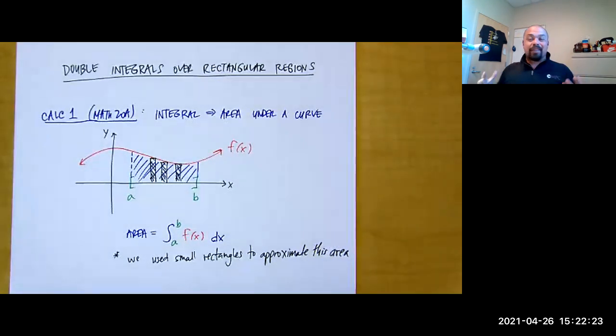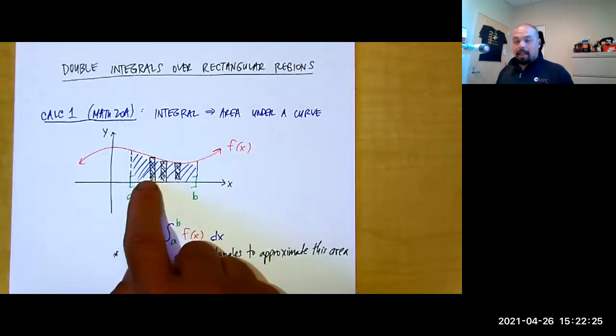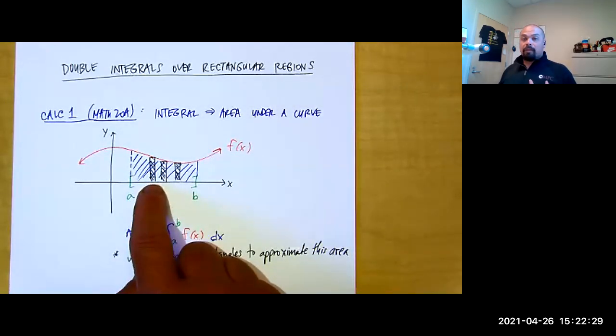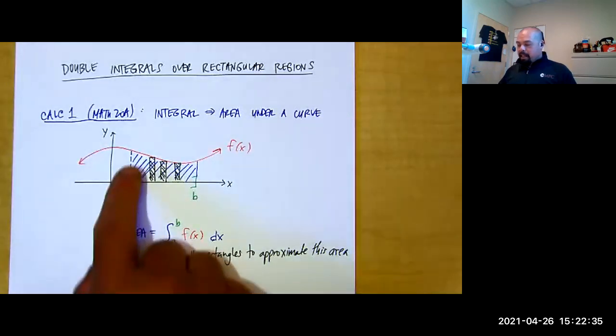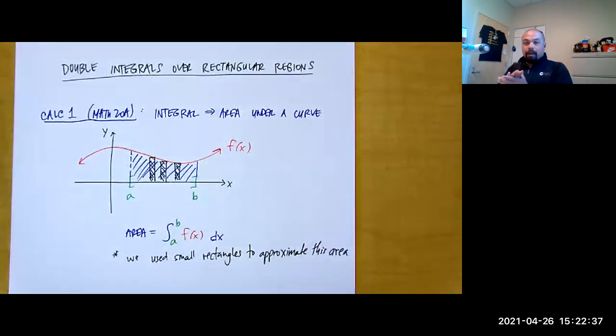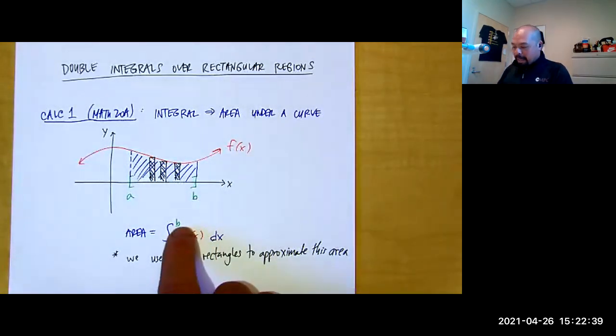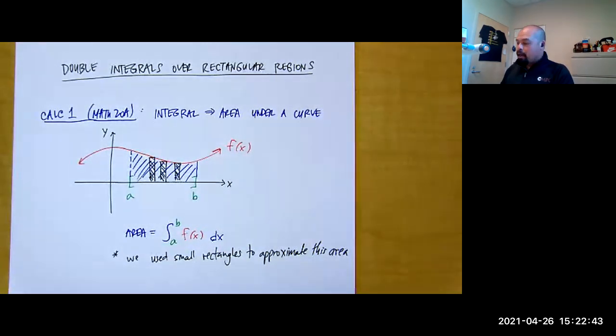And that's where that limit definition came in as well, letting the number of subintervals, the number of rectangles that we're using to fill that space, go to infinity, right? Those little slivers, and adding up all of those, taking that summation, that became the integral symbol, right, along that interval from a to b.